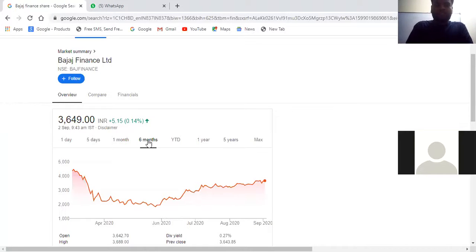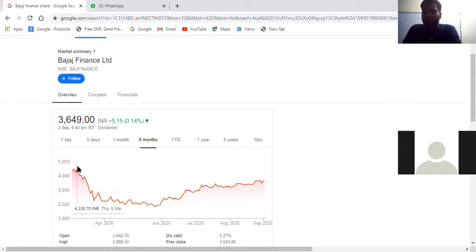Then what happens, of course, they will sell all the shares of the Bajaj Finance. See here, in March they sold all the Bajaj Finance shares. Some of the people sold the Bajaj Finance shares. The rate was 4,330 on 5 March.